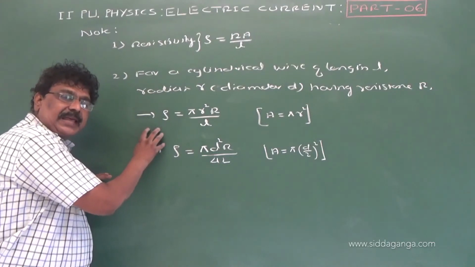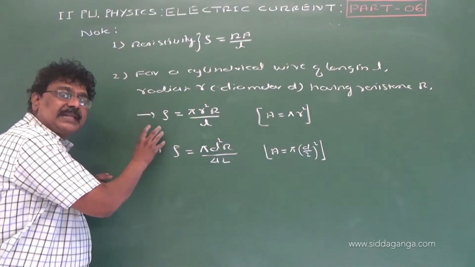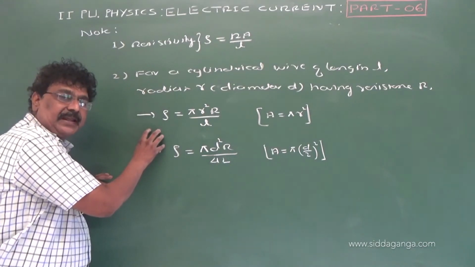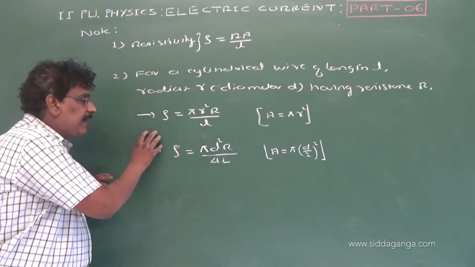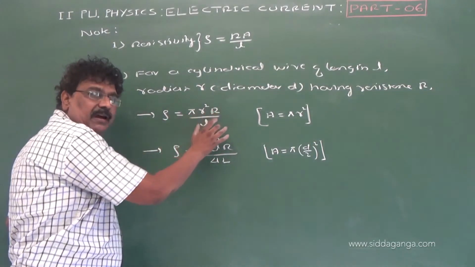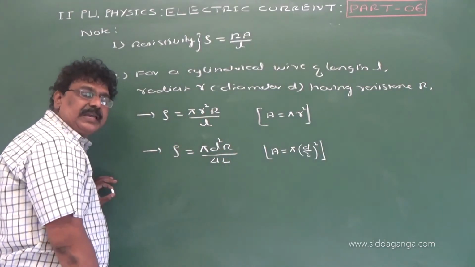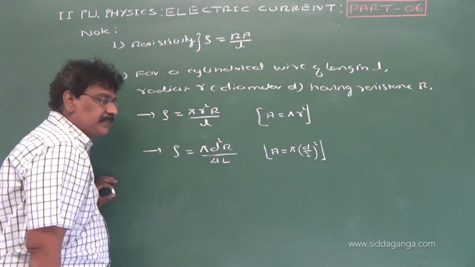And there is an experiment to determine the resistivity of the material of a given conductor in practical classes, where we are going to use rho is equal to pi r square R by L, where resistance is measured using a device called a meter bridge.